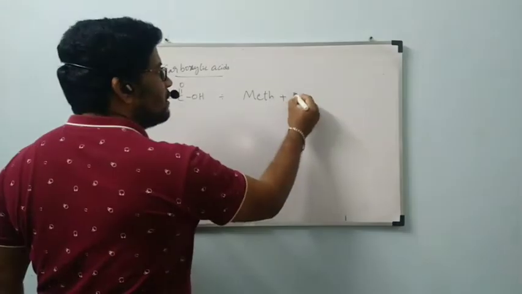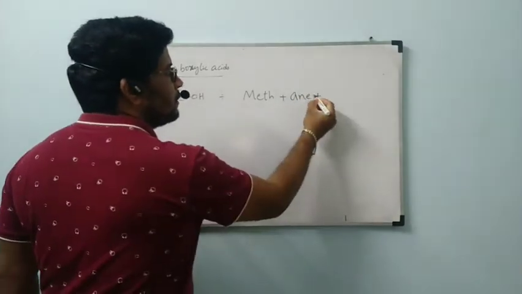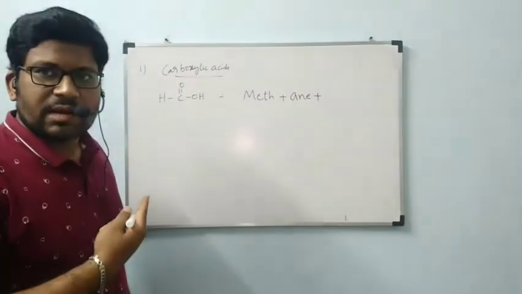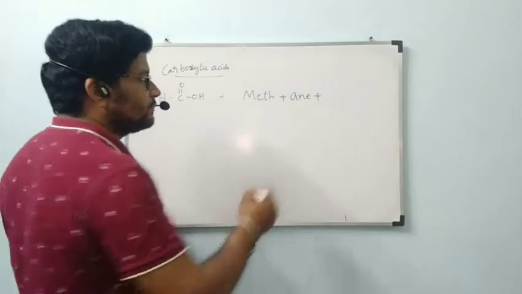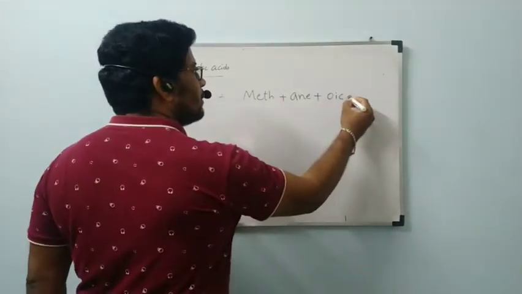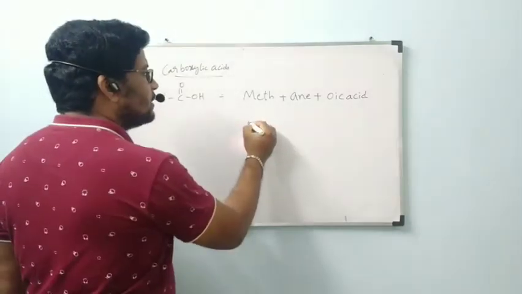So, an, plus. It contains carboxylic acid. Carboxylic acid means secondary suffix oic acid. Now join them.